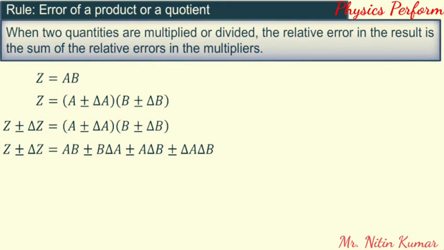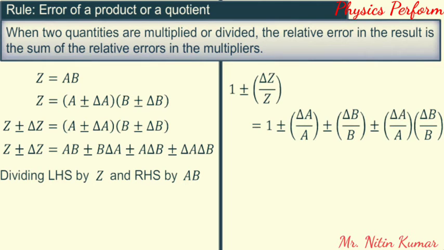Dividing left-hand side by Z and right-hand side by AB, we get 1 plus or minus delta Z by Z is equal to 1 plus or minus delta A by A, plus or minus delta B by B, plus or minus delta A by A into delta B by B. Since delta A and delta B are small, we shall ignore their product.